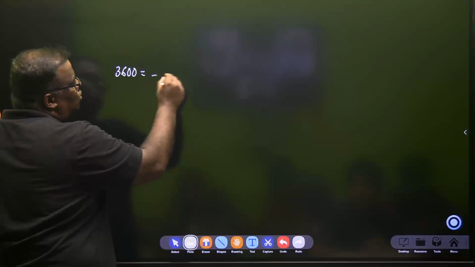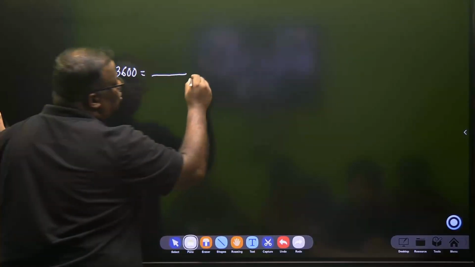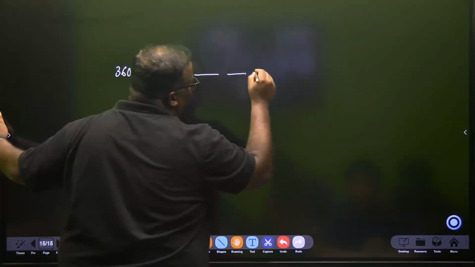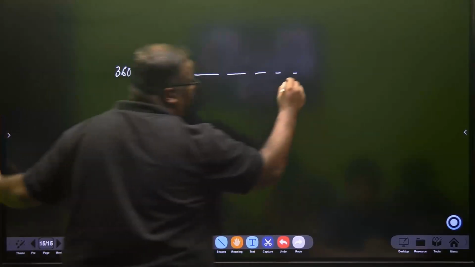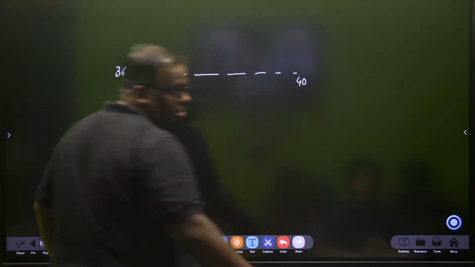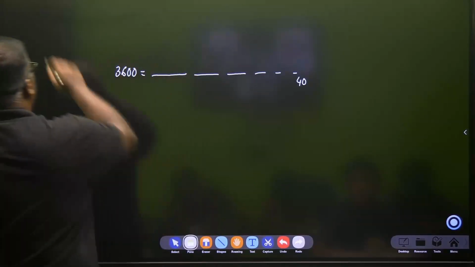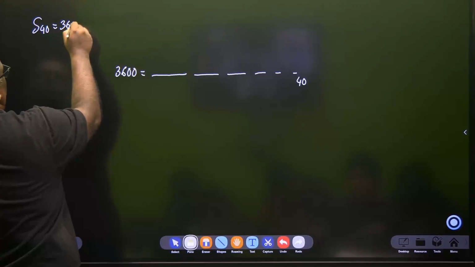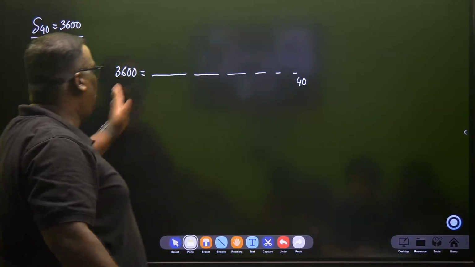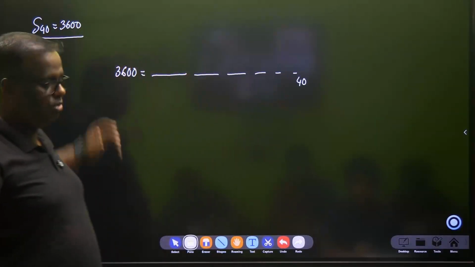Let the first installment be the biggest one, then slowly the installment values will reduce. Do you agree or not? Like this. And say this is my 40th installment. If I add all these, the sum of these 40 terms should give me 3600. Have you understood this or not? All these payments should make it 3600.